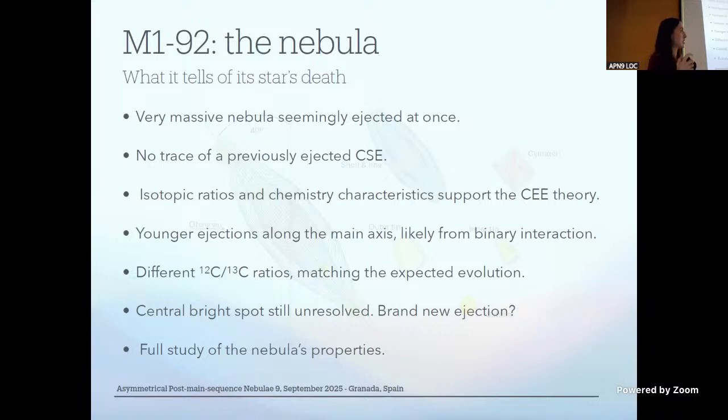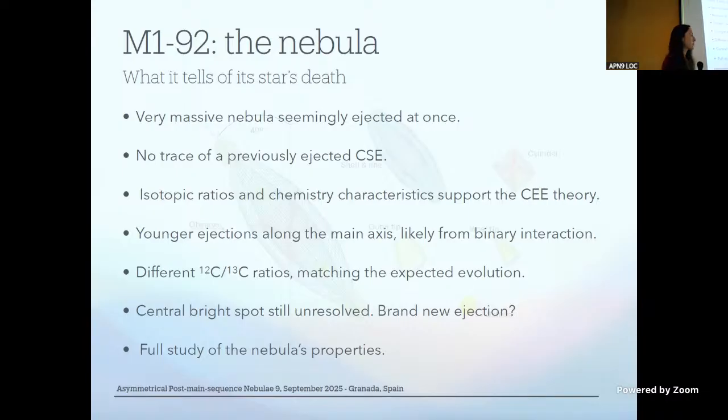We don't know exactly, and we can't access the very center of the nebula. But overall, we give a full study and the full view of how this nebula was formed, from the central star's death to the final view that we see nowadays.